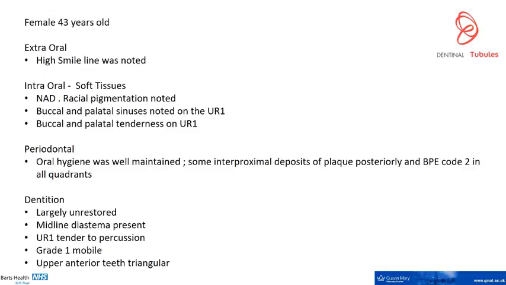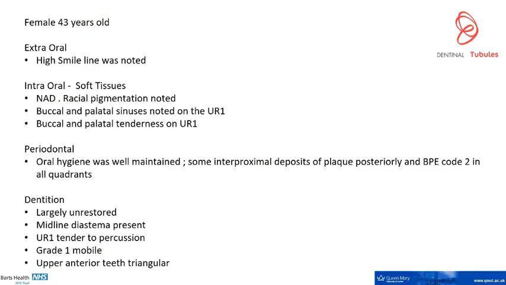In terms of looking at the tooth, she had a high smile line. In terms of the soft tissues, there was racial pigmentation of the gingivae that was noted. Buccal and palatal sinuses were noted on the upper right central incisor, and buccal and palatal tenderness was noted as well.